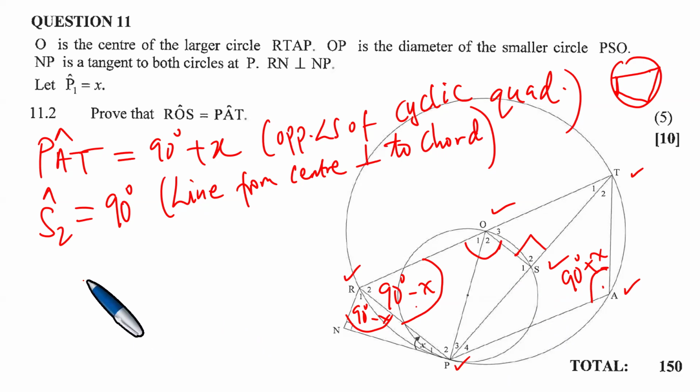So the angle S2 equals 90 degrees because a line from center is perpendicular to chord. Here's a line from the center that is certainly perpendicular to the chord there. Take note of that.